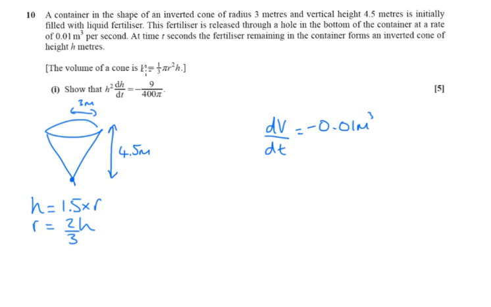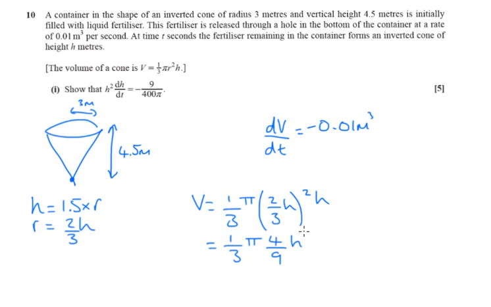So if we take that equation here, V equals a third pi r squared, but not use r, use 2/3 of the height squared times the height. Now we've got a relationship between the height and the volume. So if I expand those brackets, we've got a third pi times 4 over 9 h squared times another h, so h cubed.